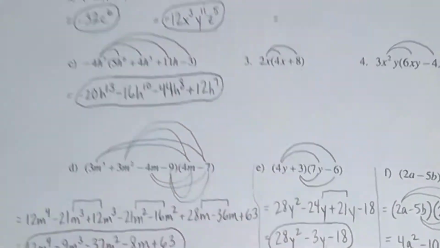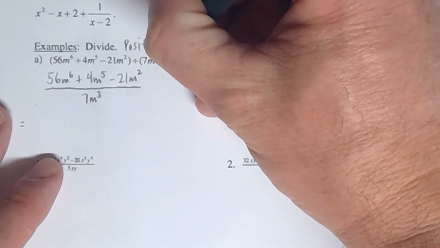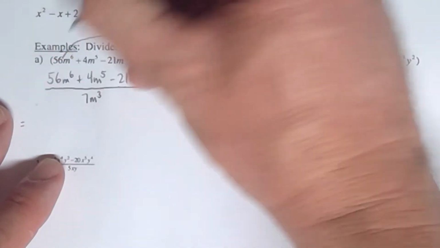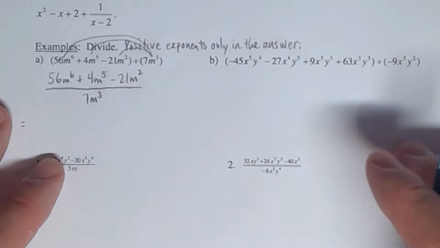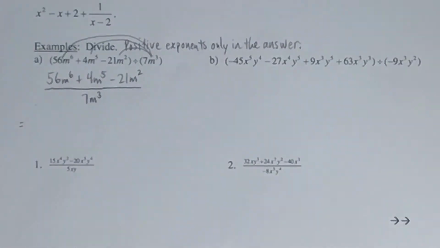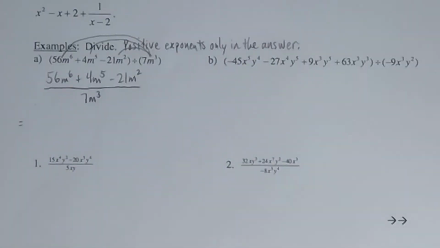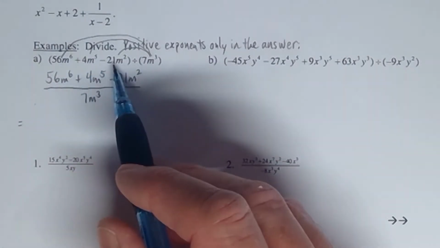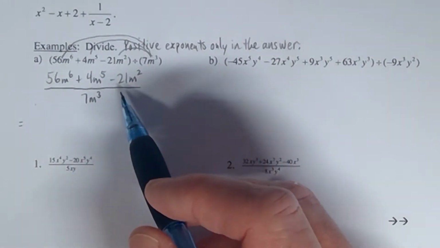It's the same idea: you distribute the single term that you're dividing by to each one of the terms that you're dividing into. But we have to be a little bit more careful about how we do it this time. Because here's the problem: the 7m to the third does not divide evenly into all of these terms in this first bracket, or on the top of the fraction if you prefer to look at it that way, like I do.